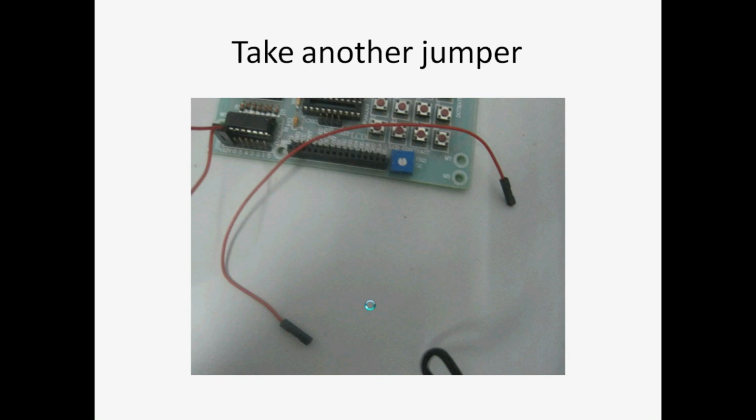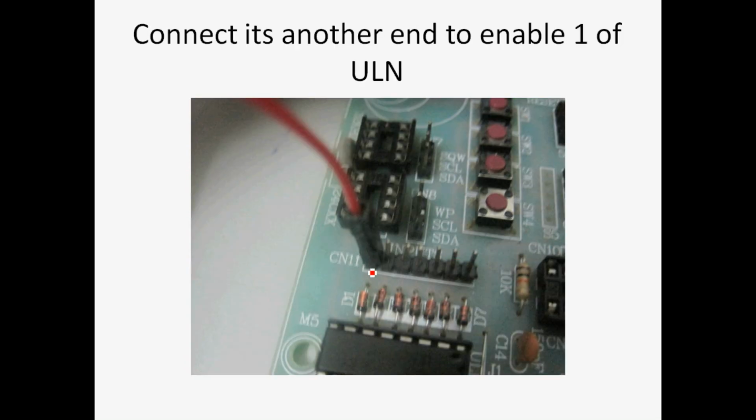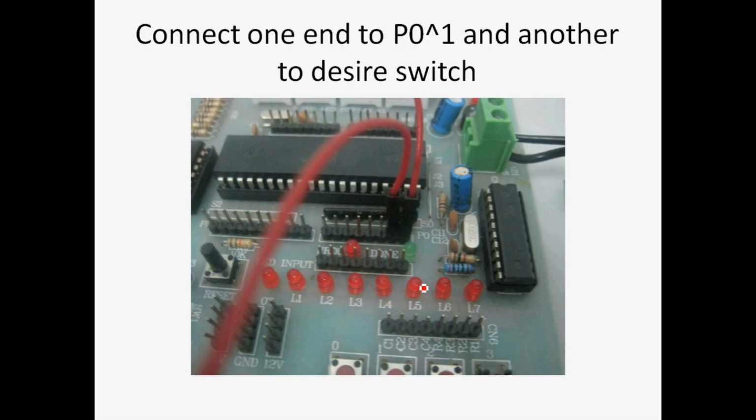Now from here, take another jumper and connect your port 0 pin to the enable pin, and take another jumper wire for the switch and connect the port 0 first pin, port 0 #1, to the desired switch you want to connect.